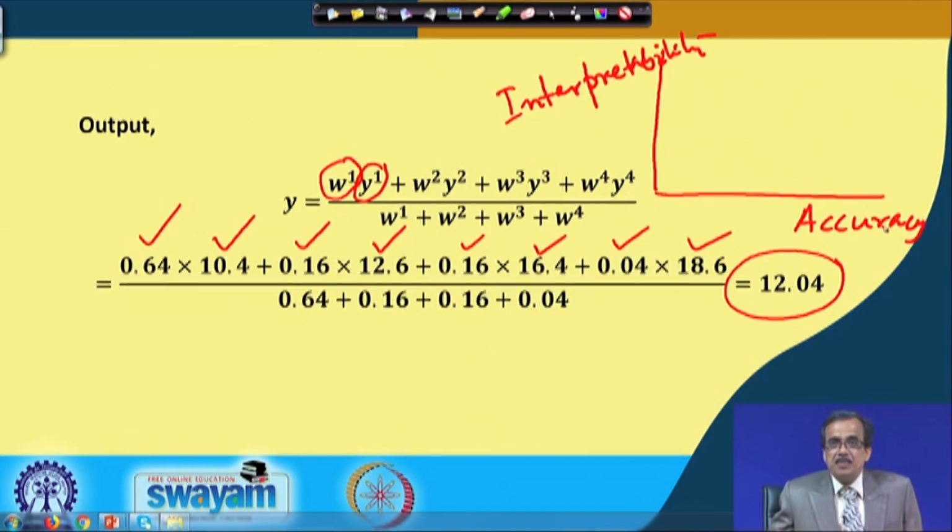For the Mamdani approach, the interpretability will be high but the accuracy is low. So, might be I am here; this could be the Mamdani approach. And for Takagi and Sugeno's approach, the accuracy is high but interpretability is not good. So, that particular point is here, and this is Takagi and Sugeno's approach.